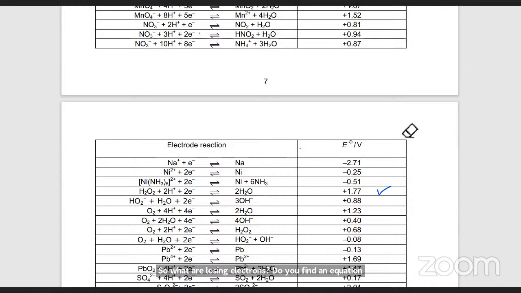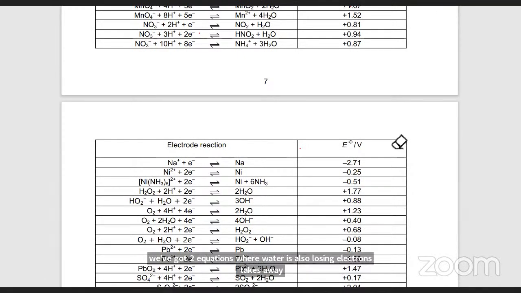We've got two equations where water is also losing electrons. एक second now. So I've got an equation of water losing electrons.